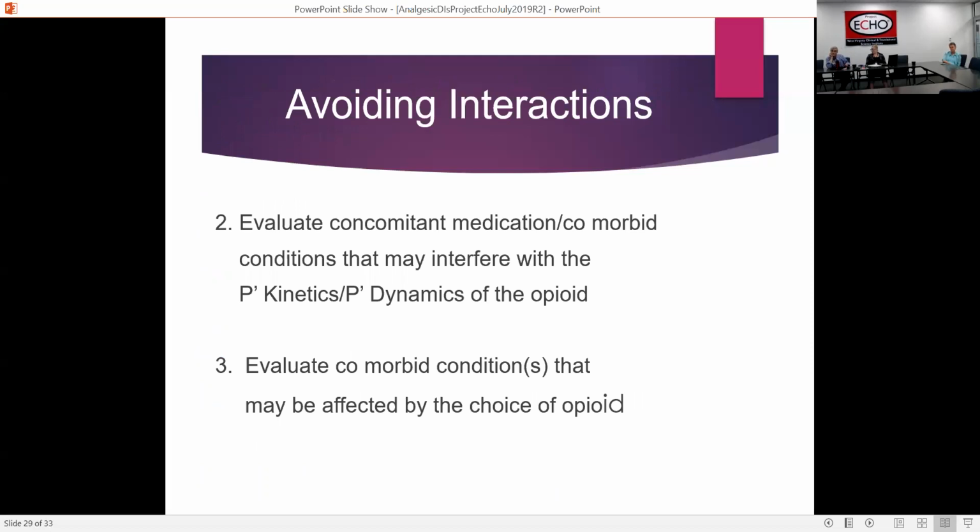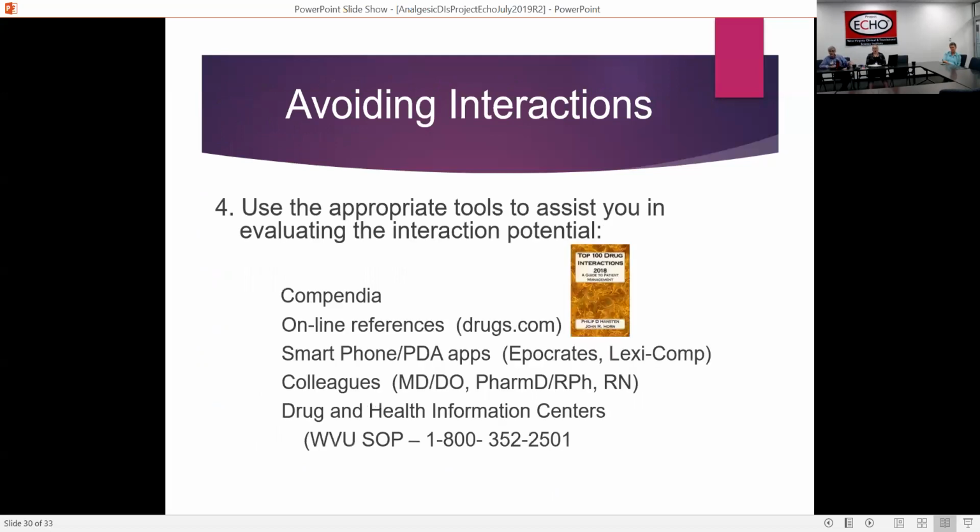Okay, so you evaluate the medication list for comorbid conditions, as I alluded to, that could affect pharmacokinetics, pharmacodynamics. You evaluate the comorbid conditions that could affect the drug itself. That's important. And then, when it comes to drug-drug interactions, pharmacist, physician, nurse, physical therapist, occupational therapist, respiratory therapist, chiropractor, whatever, you cannot keep this stuff in your head.